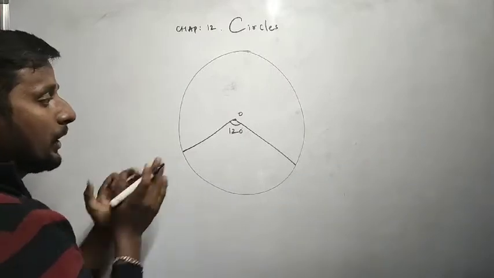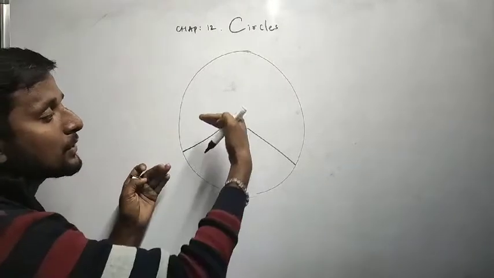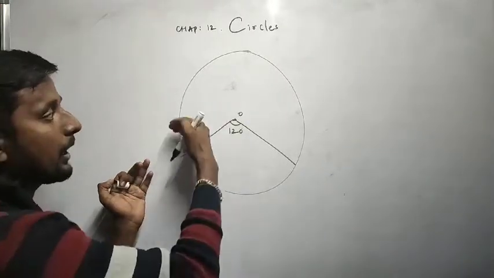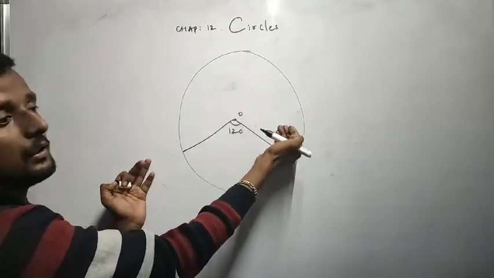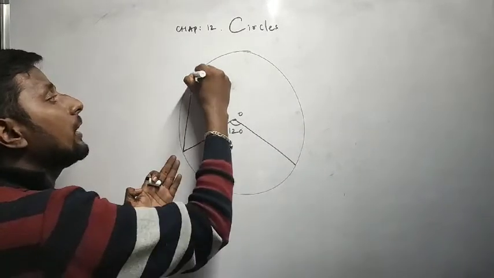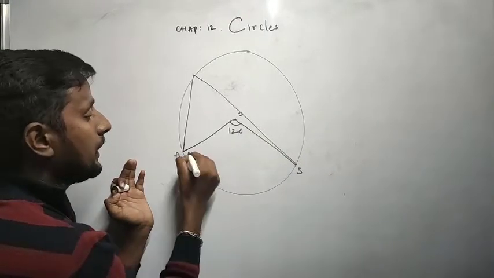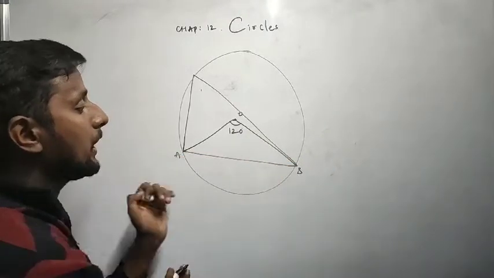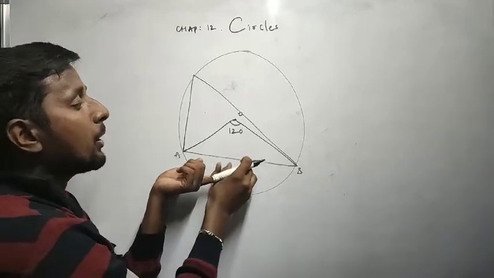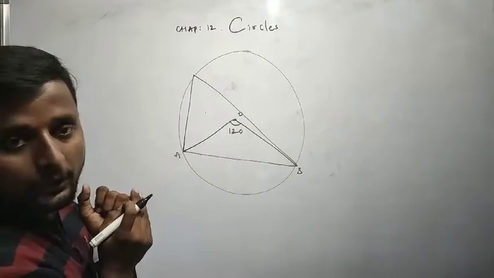Notice the angle has opened downwards. This is the remaining part of the circle. Take any points A, B and join them. AB is a chord, and the chord AB makes an angle at the center of 120 degrees.